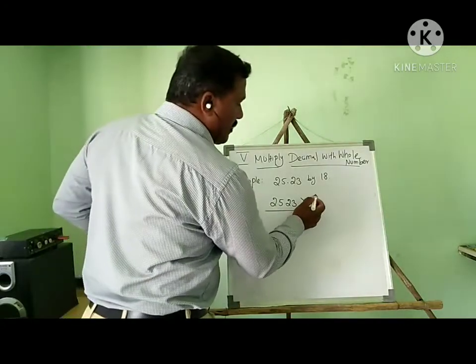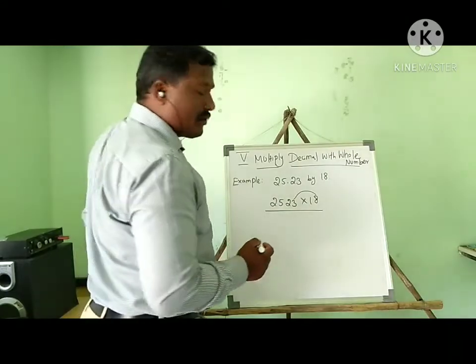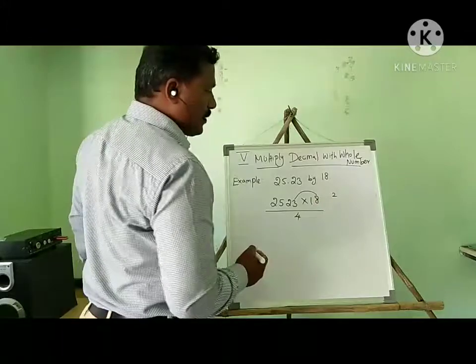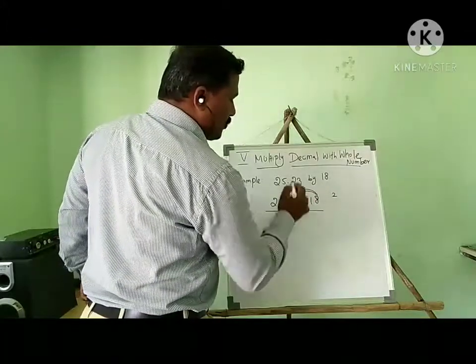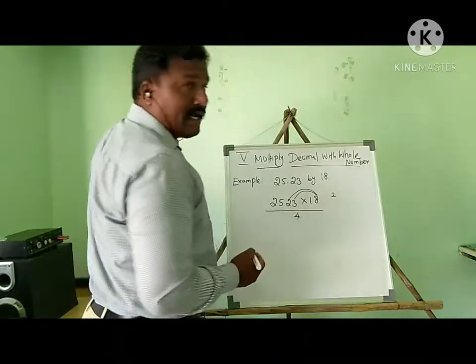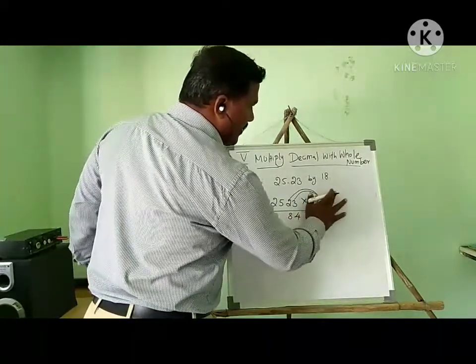First I will multiply 8 by 3. 8 3s are 24. So 4, remainder 2. Then again 8 2s are 16. 16 plus 2 is 18. Then remainder 1.